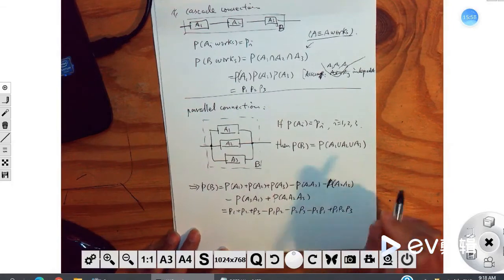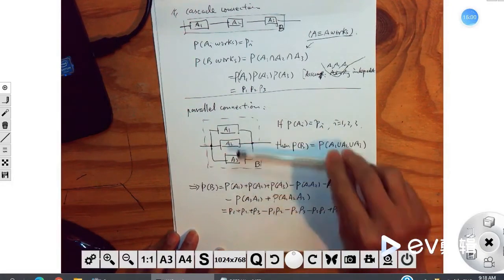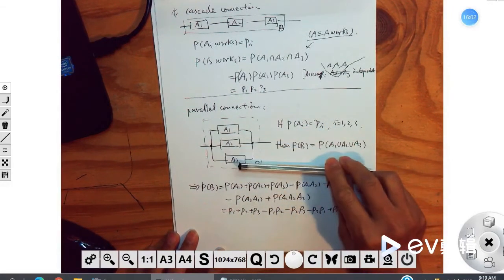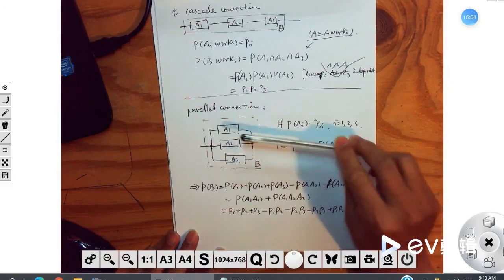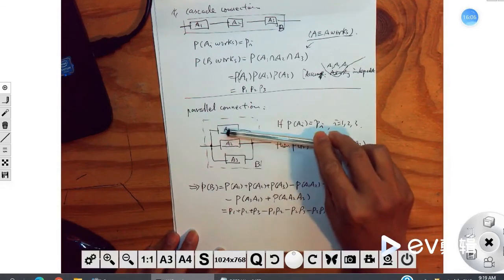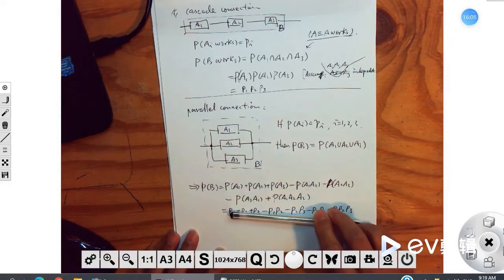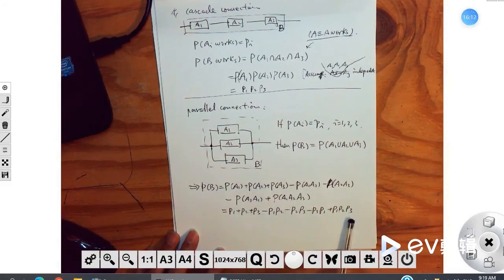And okay, so this is for 3 components, right? If you have more, like you have 10 components, can you have this? Yes, we still can, but it will be longer. You need each one, minus all the pairs of them, and plus all the 3 of them.